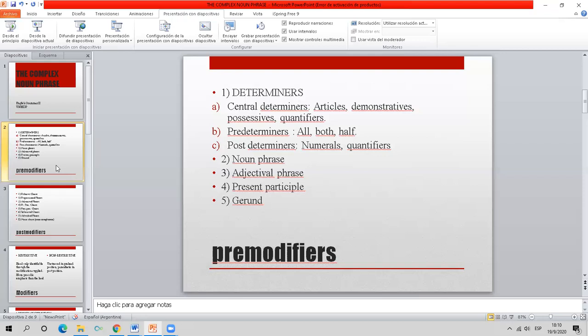Of course, an adjectival phrase. And then we have the possibility of finding an ing form as a pre-modifier of the noun. It could either be a present participle or a gerund.